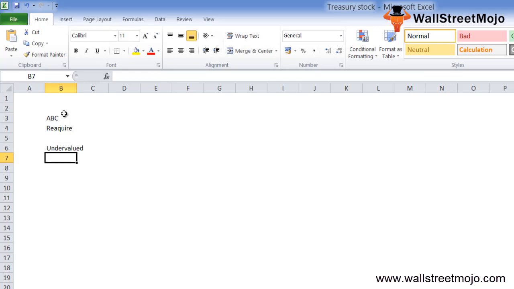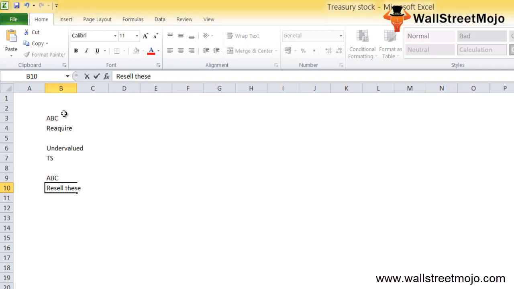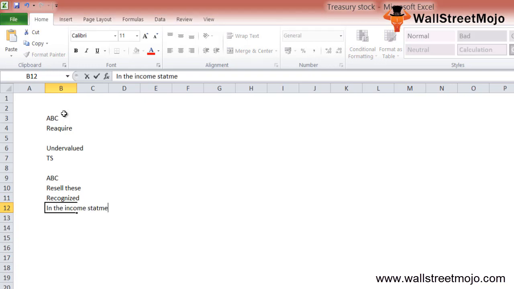So when company ABC buys its shares back, they become what we call treasury stock, the TS. It must be kept in mind that if company ABC decides to resell the treasury stock, then the profit or losses on the treasury stock transactions are not at all recognized in the income statement of the company.